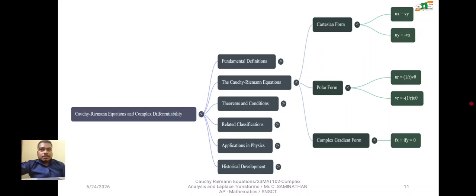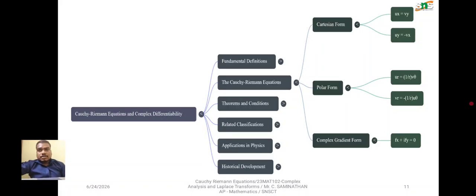These functions help describe the velocity and movement of fluids around objects such as aircraft wings, pipelines, and ship hulls, making the analysis of flow patterns much simpler.